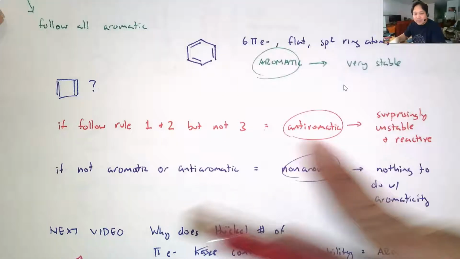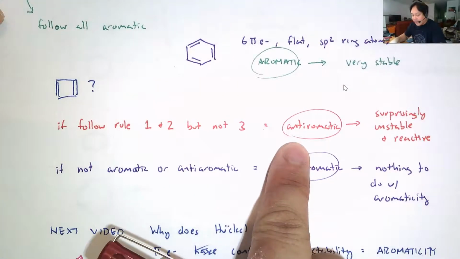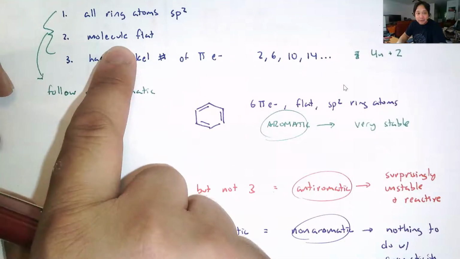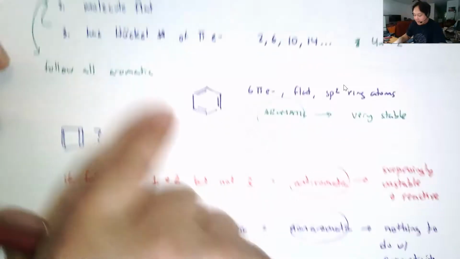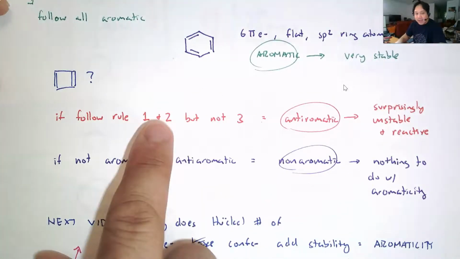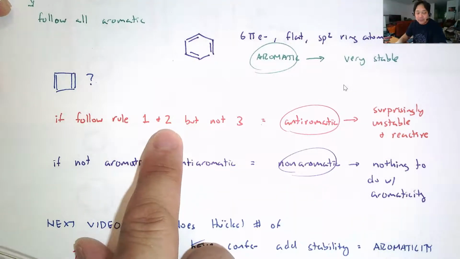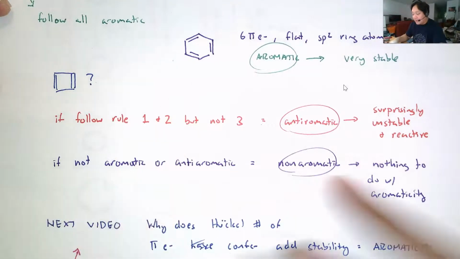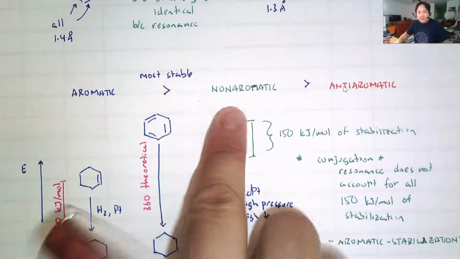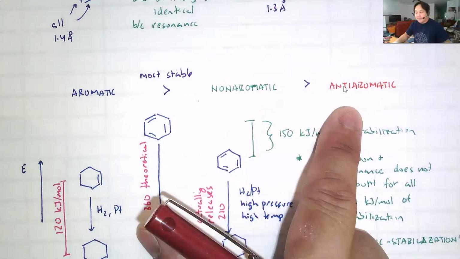It says, I don't want to be anti-aromatic, so let me violate rule number 2, and that way I become neither aromatic nor anti-aromatic. Anti-aromatic still has to follow rule number 2, but now I am non-aromatic. And that is actually better than being anti-aromatic.